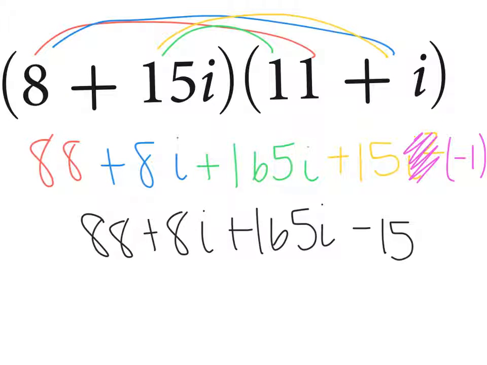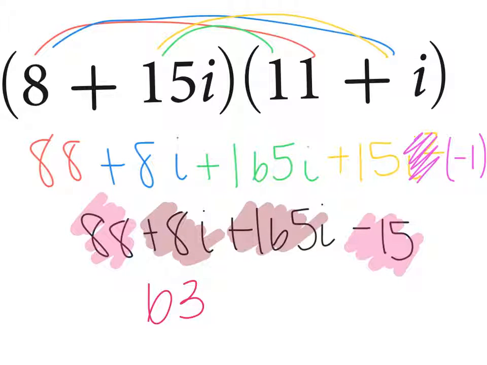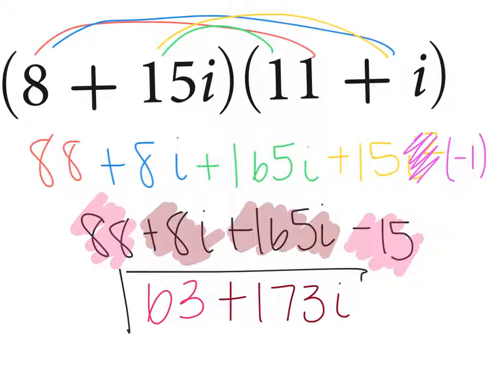And then I need to combine my like terms. Well, I have an 88 and a minus 15. 88 minus 15 is going to be positive 63. So when I combine those two together, and then I have an 8i and a plus 165i. And 8 plus 165 is 173i. So that's my final answer.